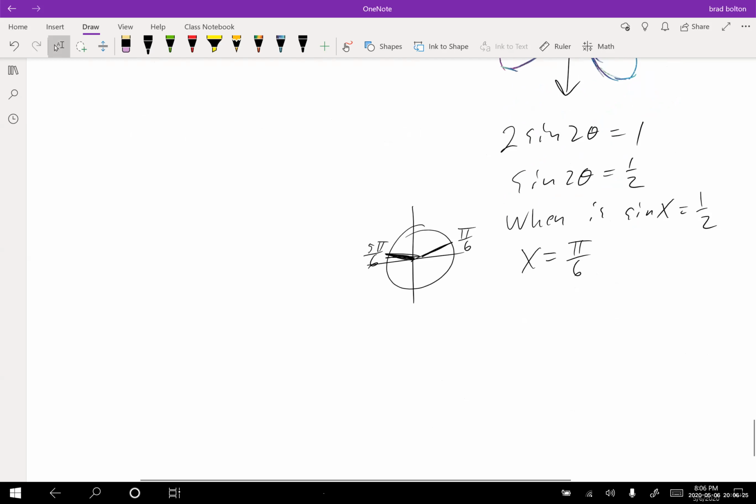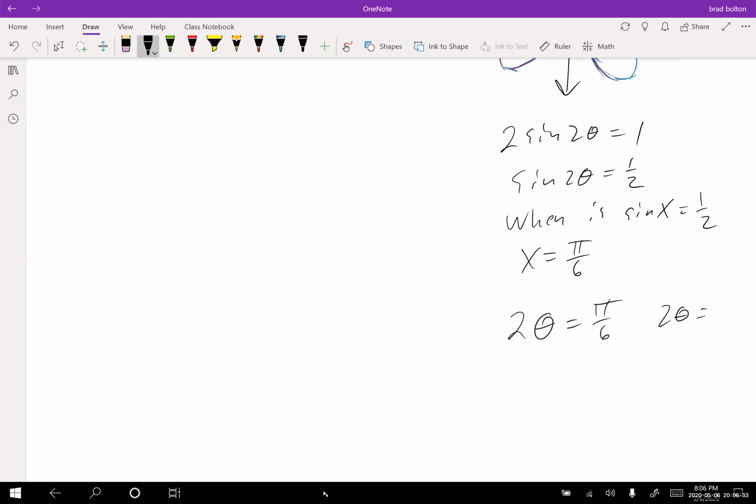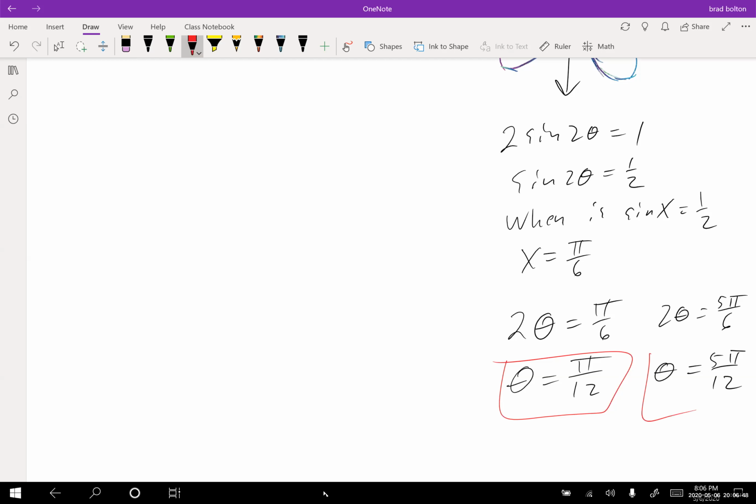So we need to figure out when does 2 theta equal pi/6 and when does 2 theta equal 5 pi/6, because those are the two angles that would give me 1/2. Then I solve this and I get theta is equal to pi over 12, and theta is equal to 5 pi over 12. So these are now my two angles where the circle and the rose petal intersect in quadrant 1.